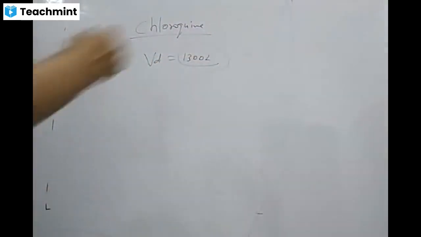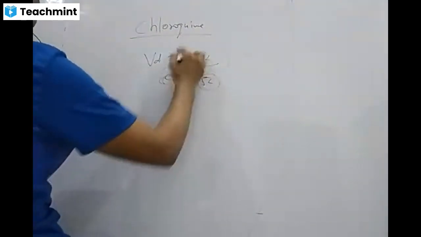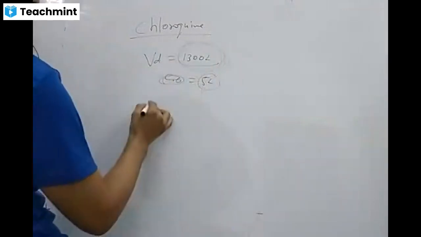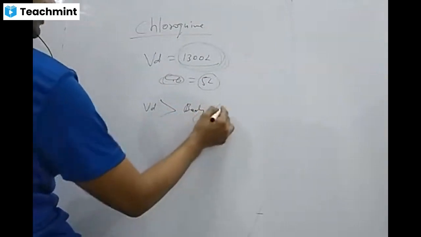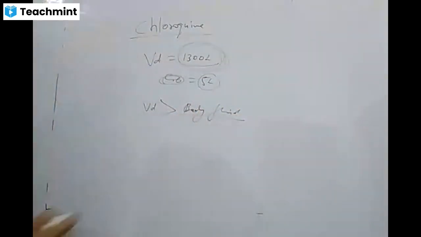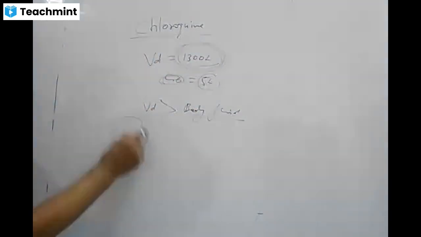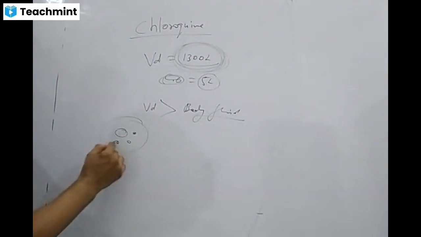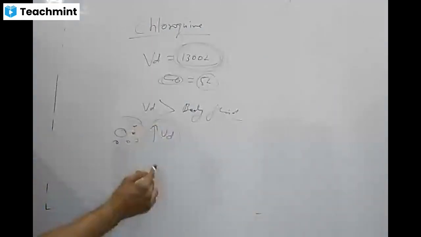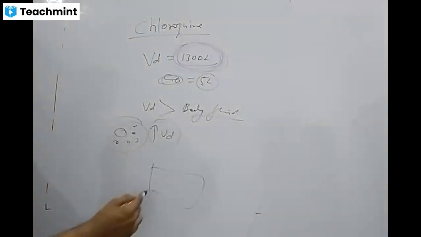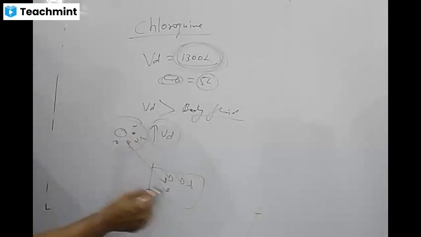But in our body the volume of blood is 5 liters. So the VD is more than our body fluid volume. It means this is an apparent parameter. As I explained, high VD means high distribution. It means most of the drug has entered into the tissues.